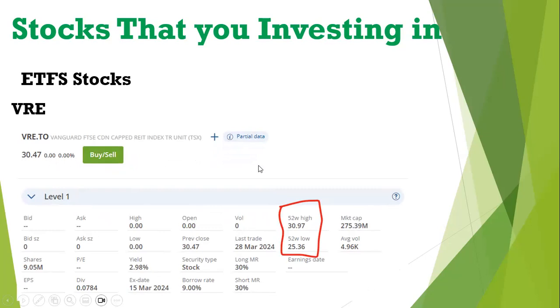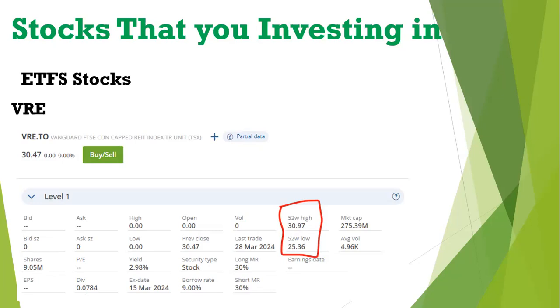$30.47 per share. The dividend that you get here is very small, like 5 cents per share every month. But this is our focus because we are more into the capital gain account. We need to make a little profit here and there.